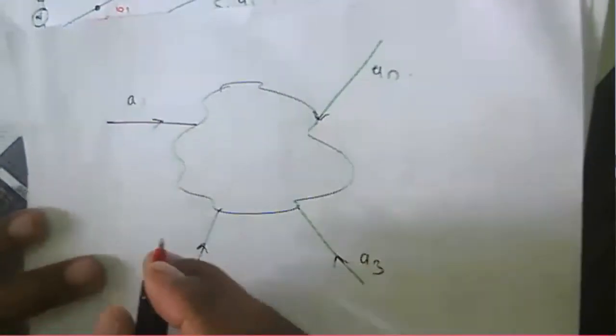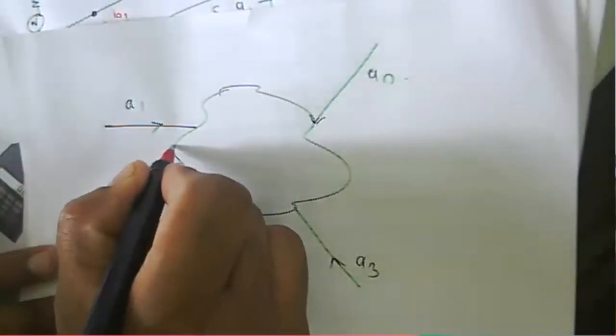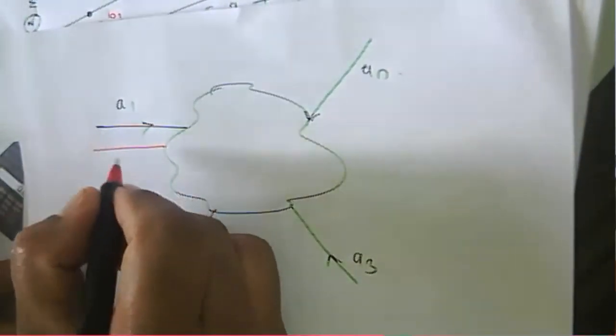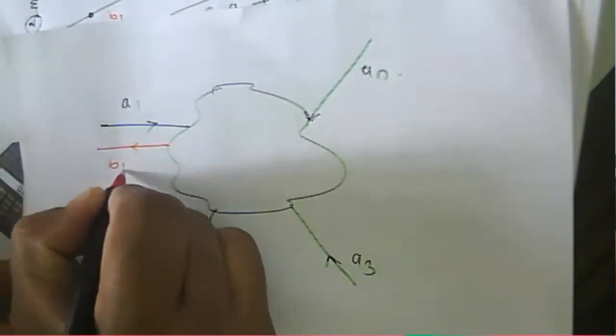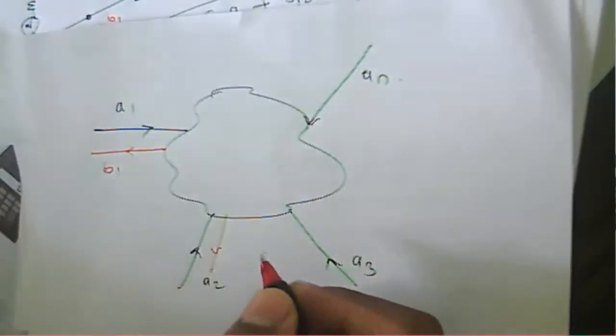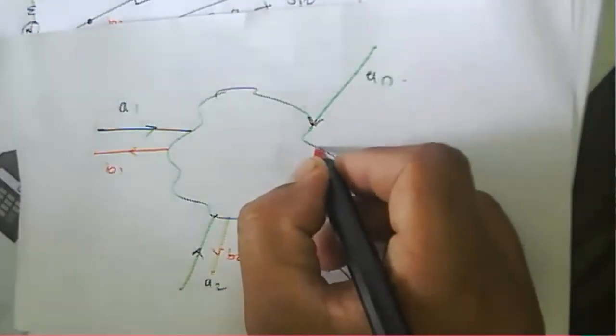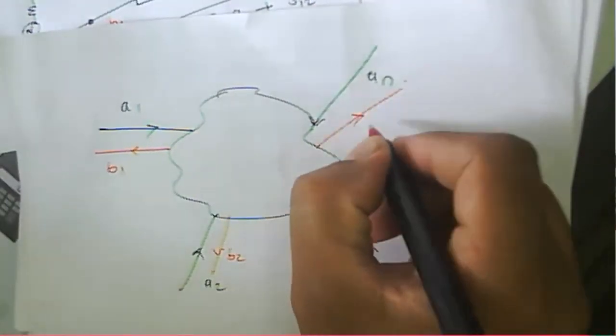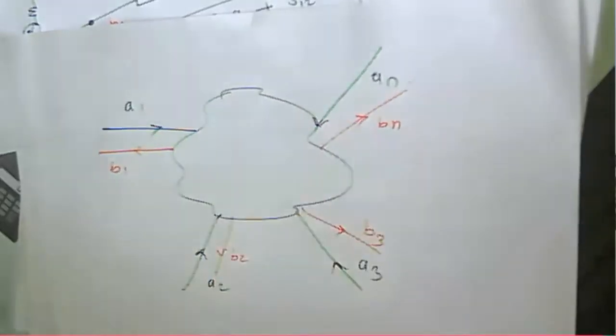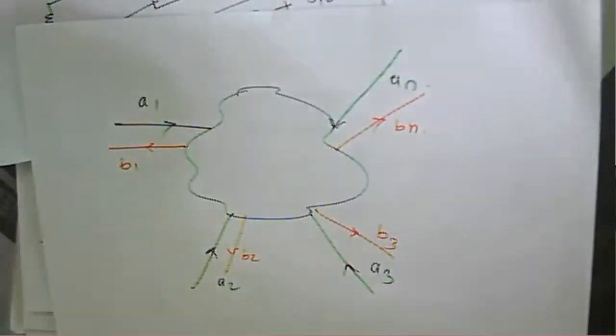Similarly, we get the reflections at the same time: B1, B2, B3, up to BN. So that is the reflection at the given particular port.